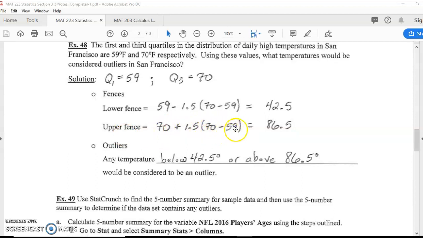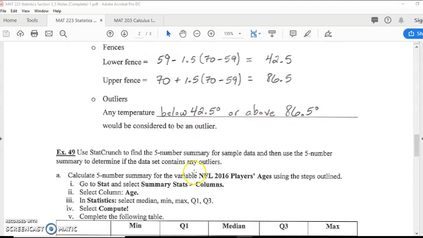In other words, 1.5 times the length of IQR above 70. That comes out to be 86.5. So in other words, we would then agree by the 1.5 IQR rule that any temperature below the lower fence, which is 42.5 degrees, or above the upper fence, which is 86.5 degrees, would be considered to be an outlier.